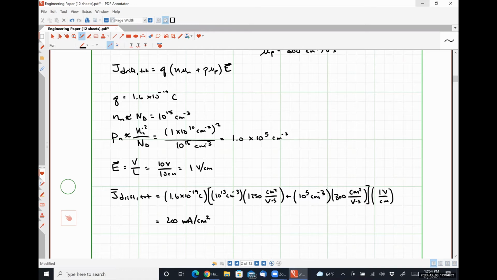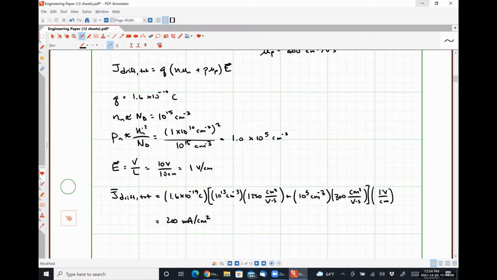Now let me ask you guys a question. We actually did a little too much work here. Why? Exactly right. We could have neglected the contribution of the holes because there are 10 billion times fewer holes than there are electrons in this particular crystal.